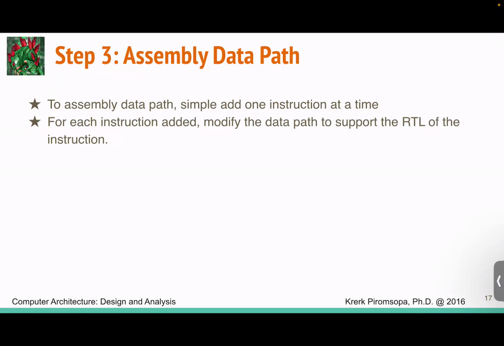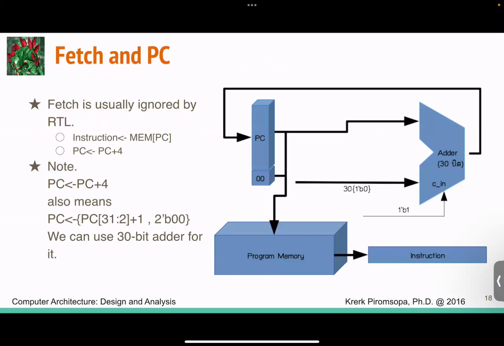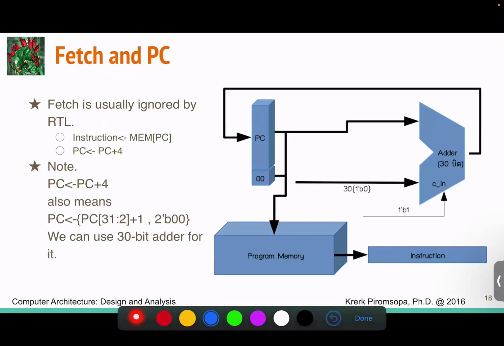Okay, let's start at the first instruction. First thing first, we want to be able to fetch an instruction. To fetch an instruction, you put PC to the memory and the memory would give you the instruction.